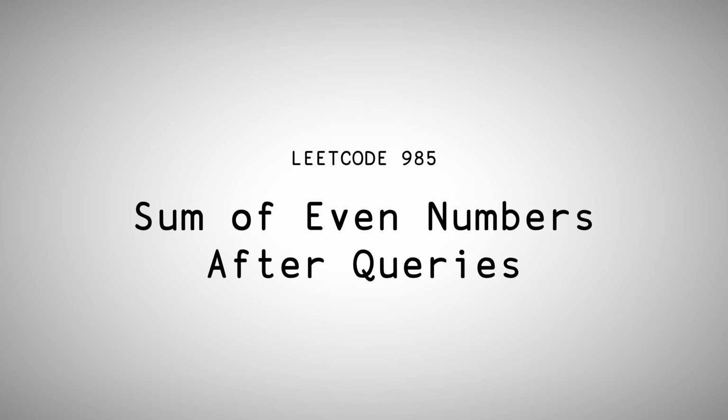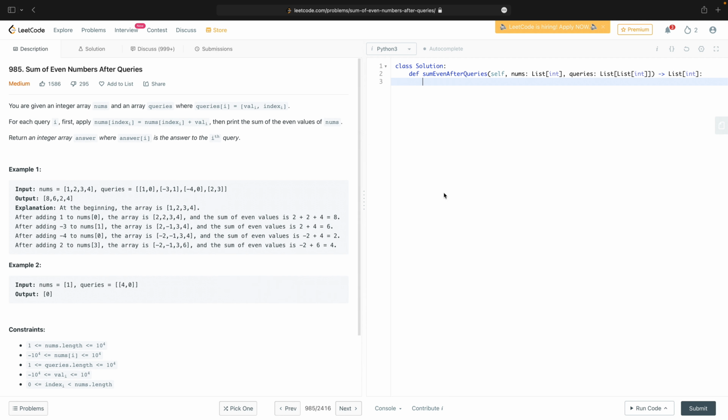Today we are doing the sum of even numbers after queries problem. You are given an integer array nums and an array queries where queries[i] is equal to [val_i, index_i]. For each query i, first apply nums[index_i] = nums[index_i] + val_i.